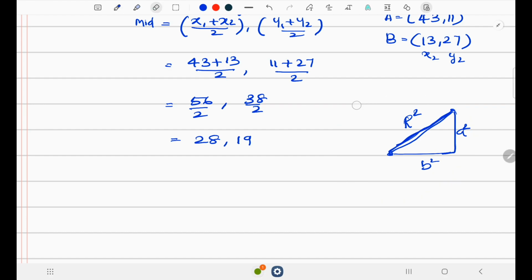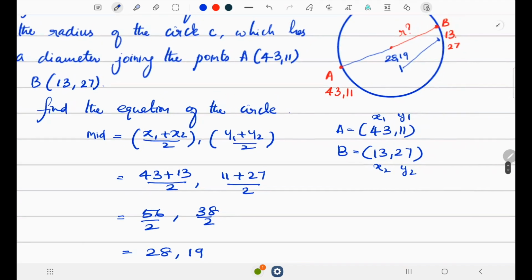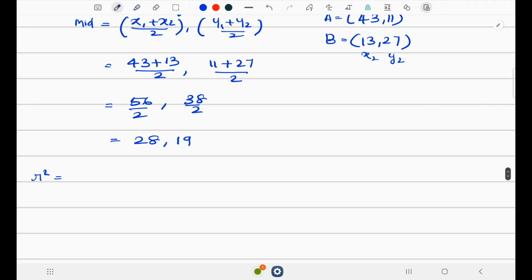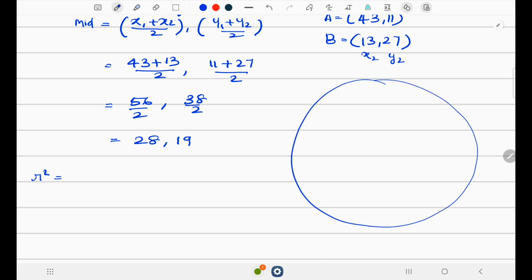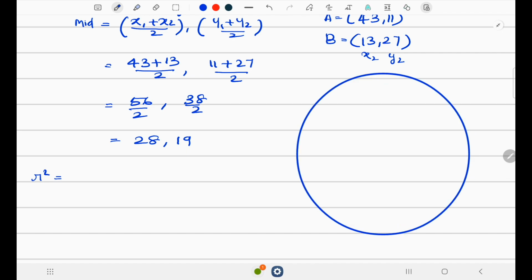Coming to our problem, I draw the same diagram, the same circle. Here we have the midpoint, which is (28, 19).